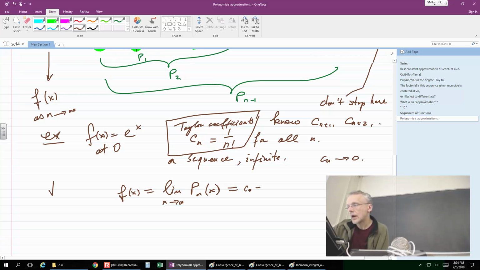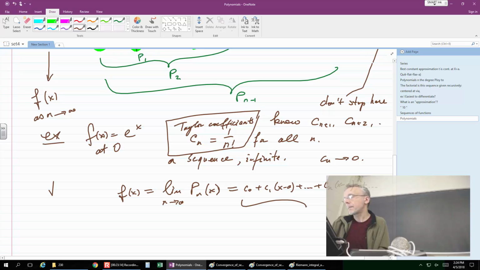So C0 plus C1 times (x minus a), plus on and on, plus Cn times (x minus a) to the nth power, and on. Okay, so that creates an infinite sum. An infinite sum, also known as a series.